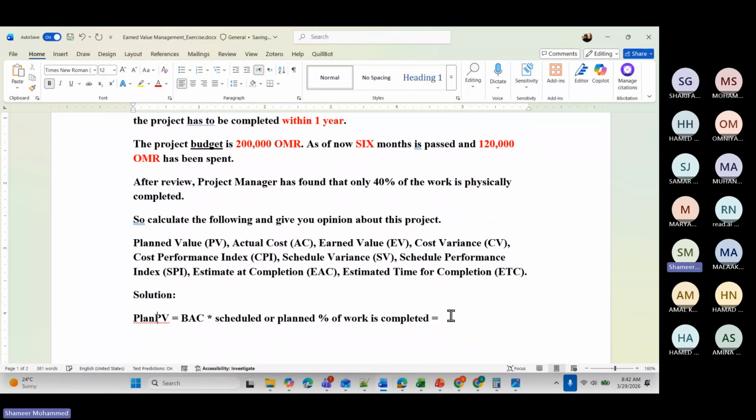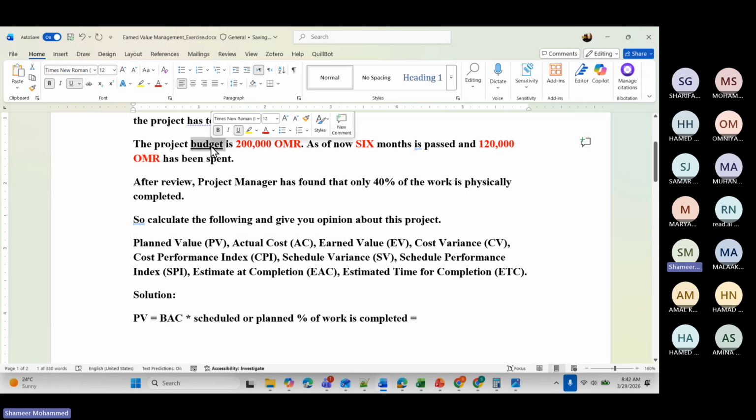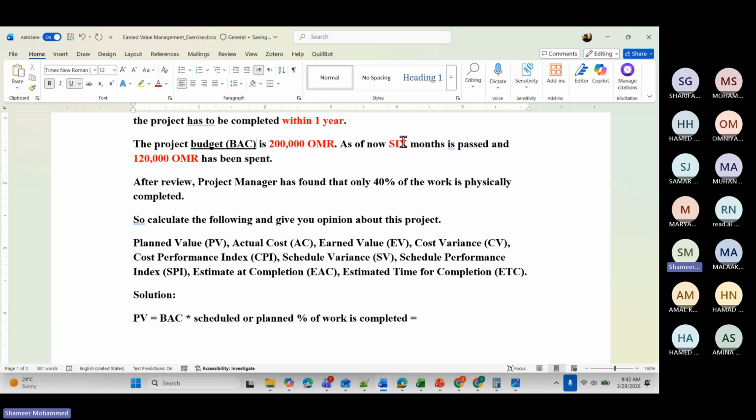I don't need to write here, it is already there. See planned value PV. Budget at completion, that is the total budget. This will be your actual cost. Now budget at completion, how much do I have to write, students? 200,000, multiplied by the planned percentage of work completed.